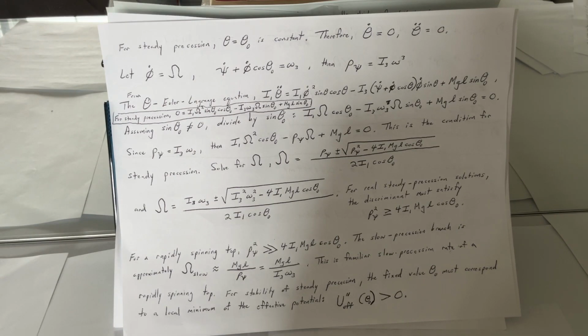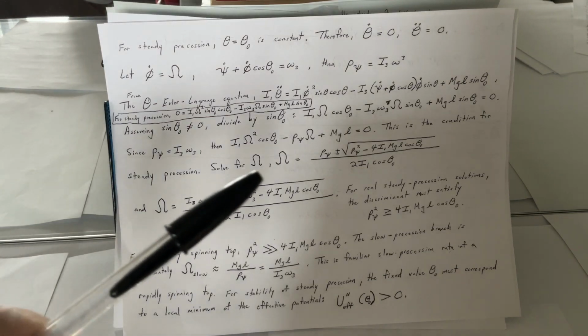And since p sub psi equals I sub 3 lowercase omega sub 3, then I sub 1 capital omega squared cosine theta naught minus p sub psi capital omega plus mgl equals 0. And this is the condition for steady precession.